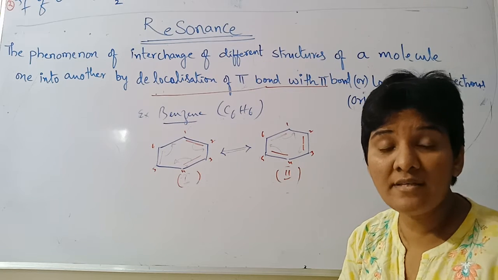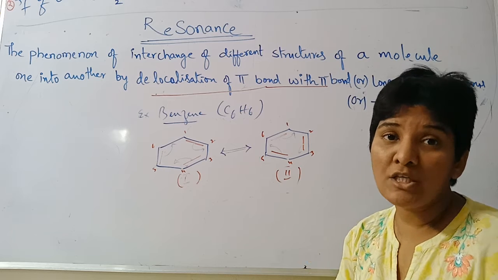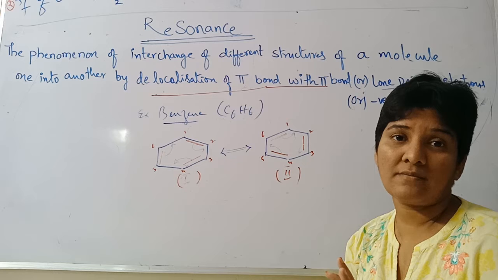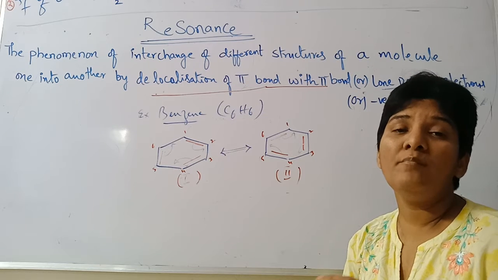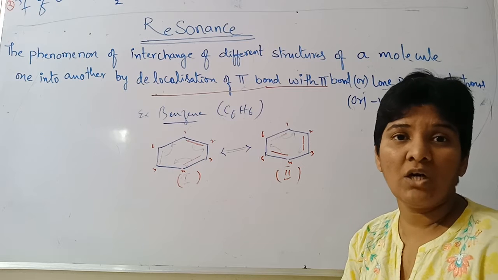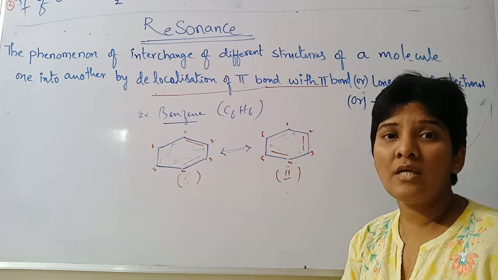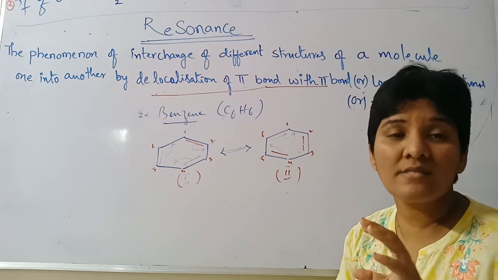Pi bond is weaker because during its formation there is no complete overlapping of orbitals. Just sidewise overlapping takes place, which is improper, incomplete overlapping. Therefore the pi bonding electrons can be disturbed at any time.